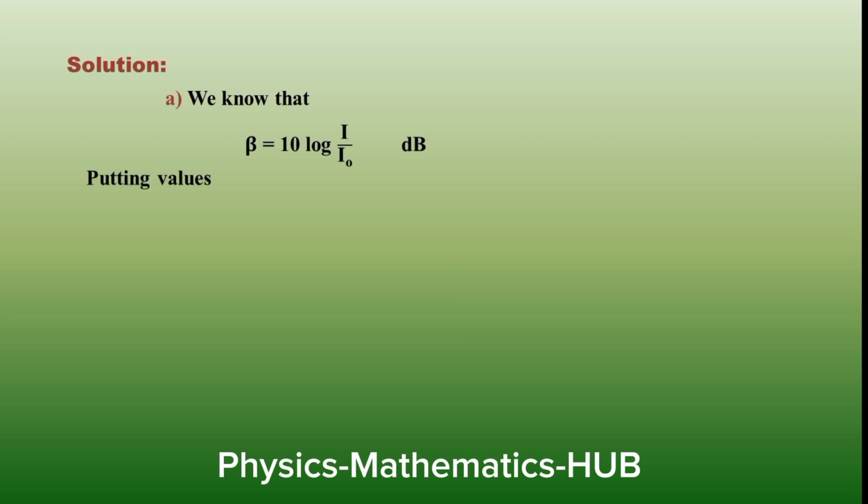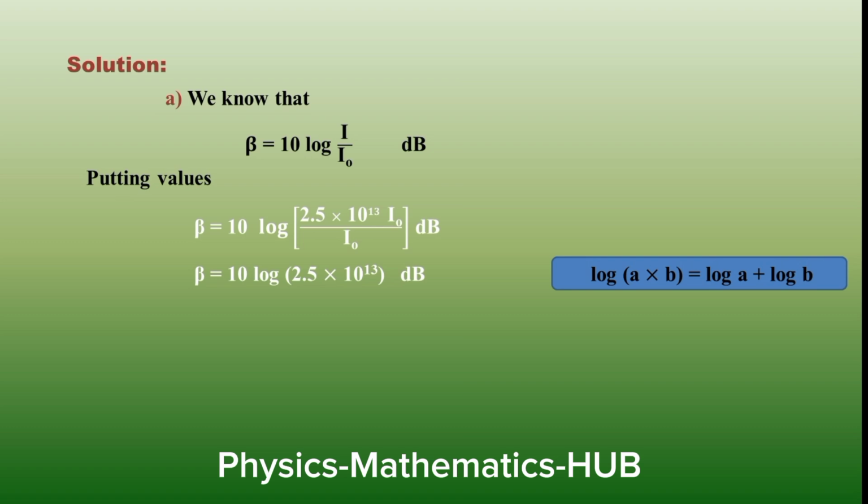Plugging the values from the given data, we have beta is equal to 10 log of 2.5 multiplied by 10 to the power 13 into I naught divided by I naught. Here we cancel I naught with I naught and we get beta is equal to 10 log of 2.5 multiplied by 10 to the power 13 decibels.